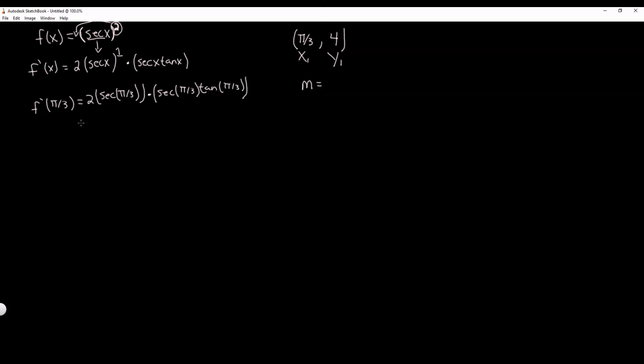Okay, so what we're going to have to do here is simplify all this. But it's easier to rewrite the secant functions in terms of sine and cosine, and then use the unit circle to find the value of these functions.